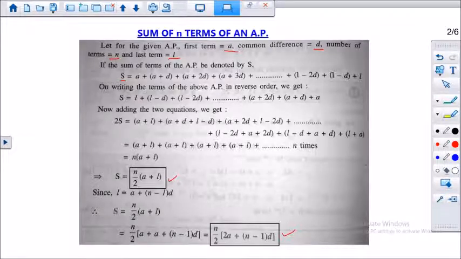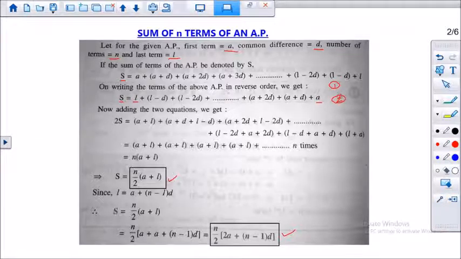On writing the terms of the above AP in reverse order, that means we write this expression in reverse order, starting from L and ending with A. So you see, S equals, I have started with L and ended with A. Now these two equations, 1 and 2, we have to add.